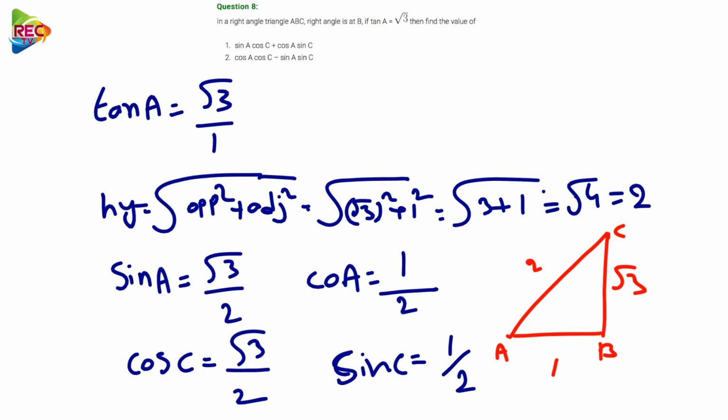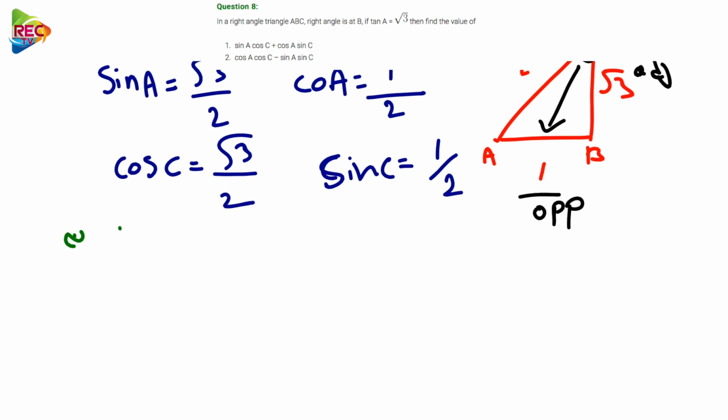So at angle A, the opposite side equals root 3 and the adjacent side equals 1. At angle C, the opposite side equals 1 and the adjacent side equals root 3. This is the adjacent side and this is the hypotenuse, so you can understand easily.